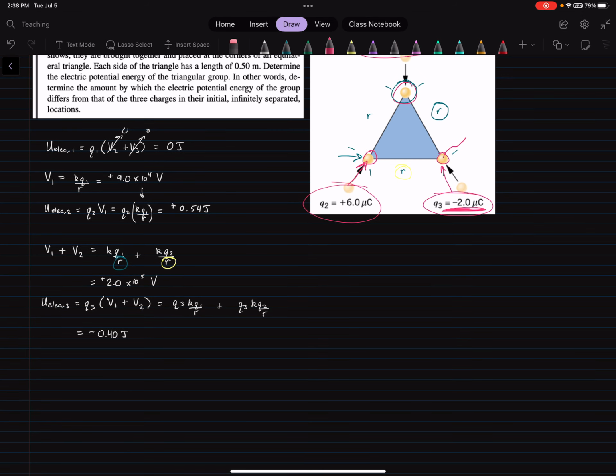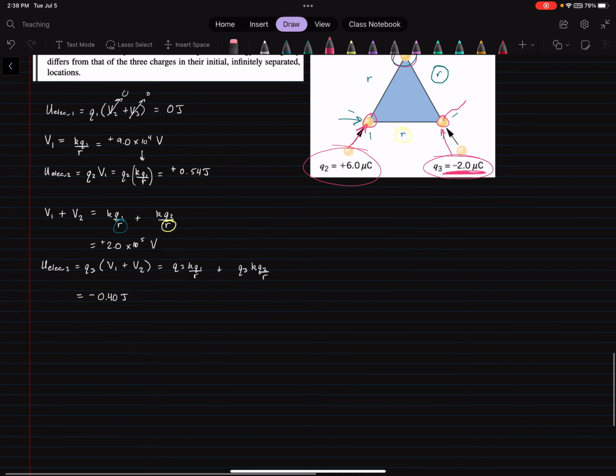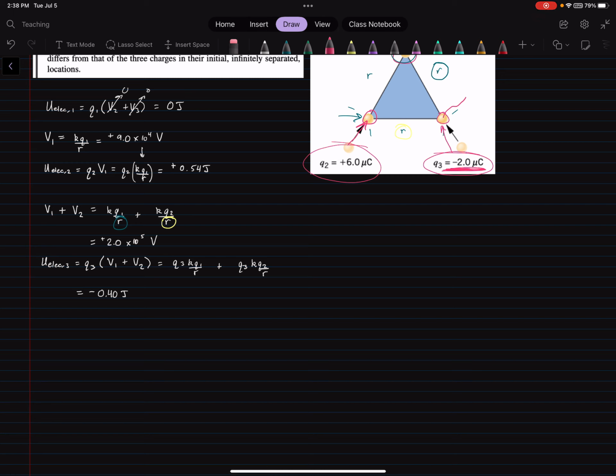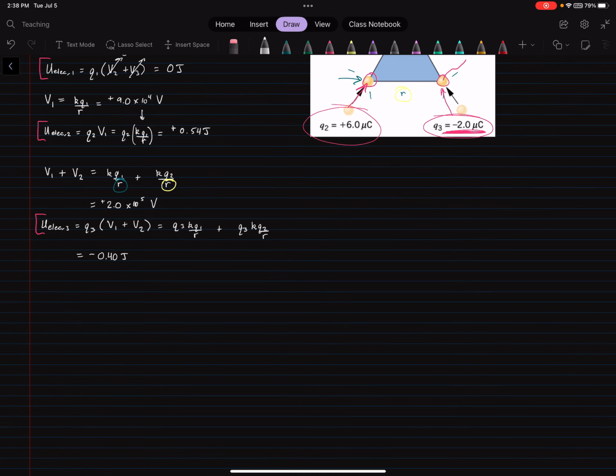And so the total potential energy of this whole equilateral group can be added up, can be calculated by adding up the electric potential energy of each, right? So U total is equal to U elect 1 plus U elect 2 plus U elect 3.